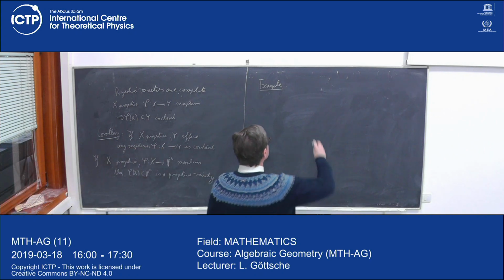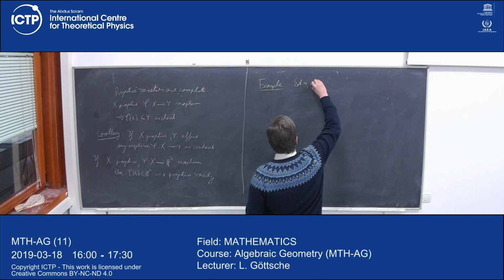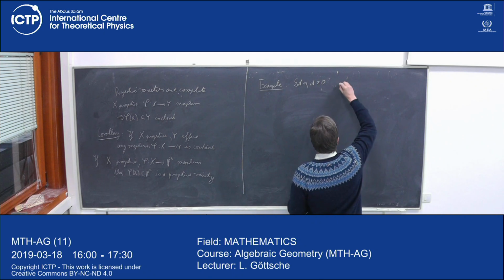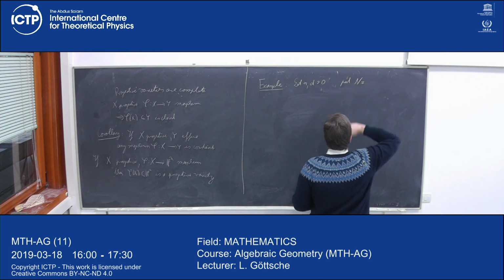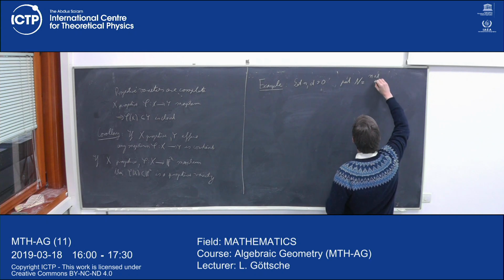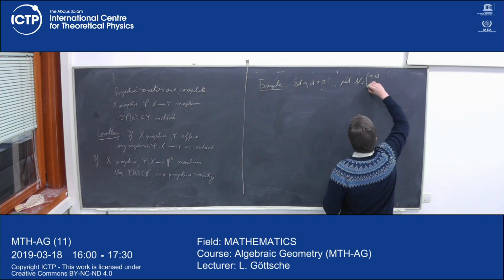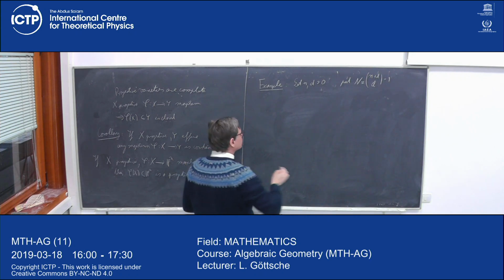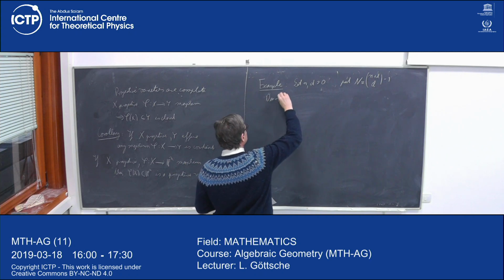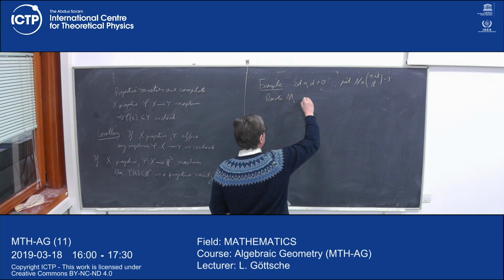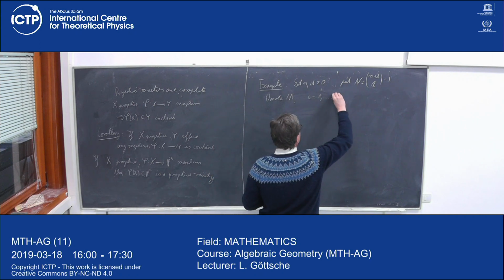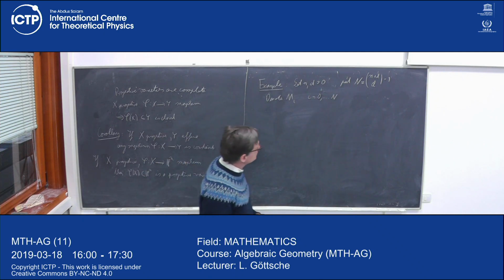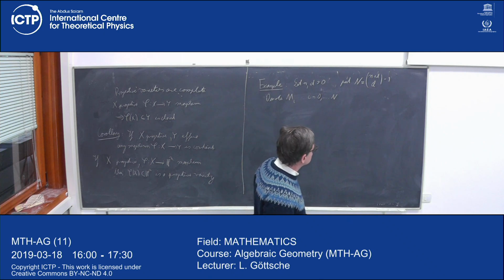So we choose some numbers n and d bigger than 0, and we put capital N equal to (n+d choose d) minus 1. We denote by M_i, for i from 0 to N, all the monomials of degree d in x_0 until x_n.